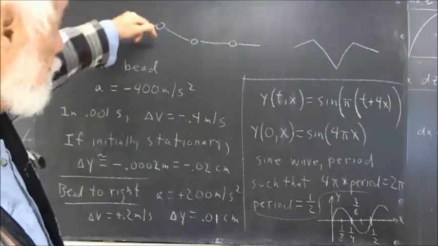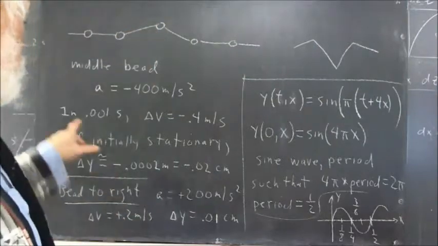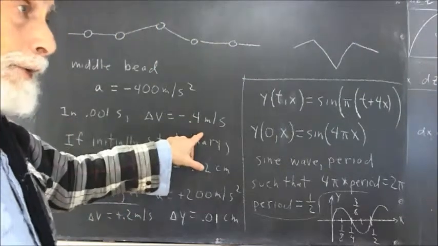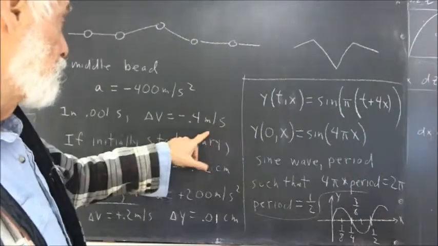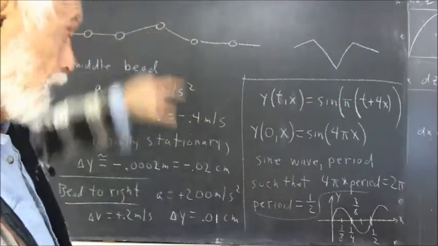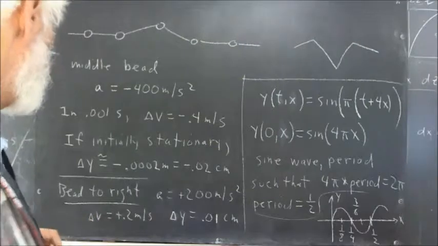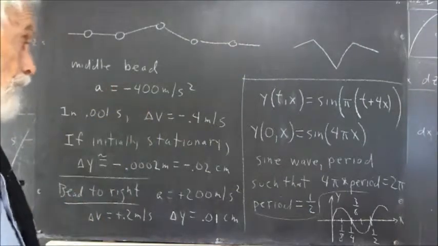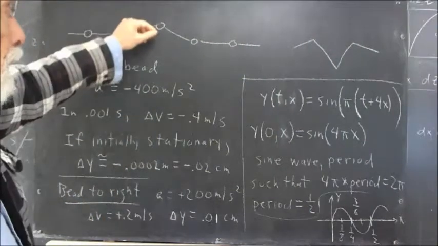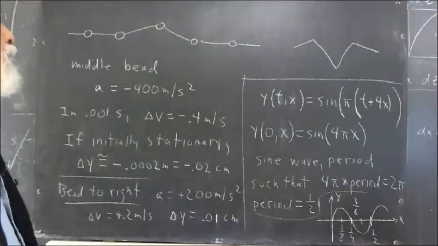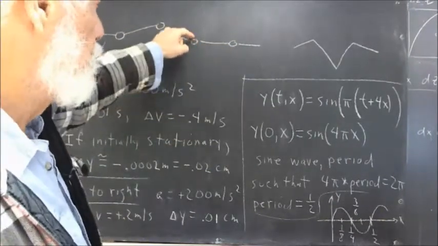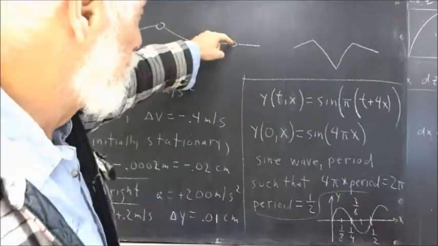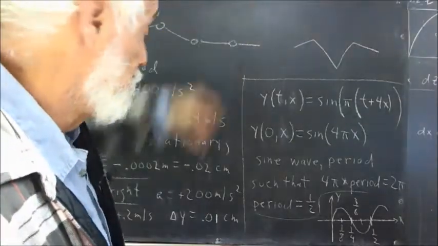So we're going to have a velocity of this bead to which we add the change in velocity that we get, which is going to be pretty close to the -0.4 meters per second, but because of the change in angle, a little bit less than that. And we're going to contribute that to the velocity so that this thing is going to be speeding up. Also, this bead will come into play because this bead is now displaced a little bit. We've got a little bit of force in this bead, so it's going to start moving a little bit.